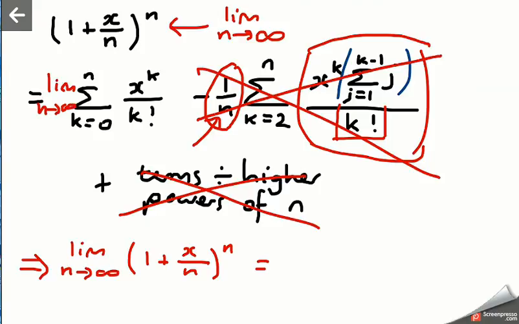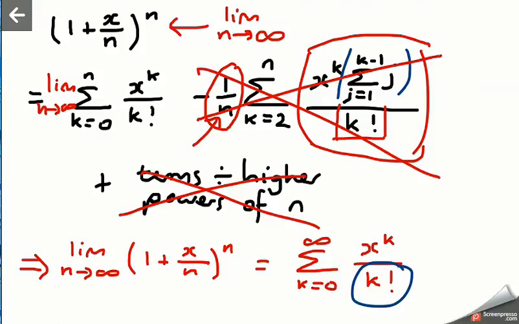And so it's going to be equal to what we're going to call the sum from k equals 0 to infinity of x to the power of k divided by k factorial. And again, this number is controlled, so that sum exists because we're dividing by factorials.